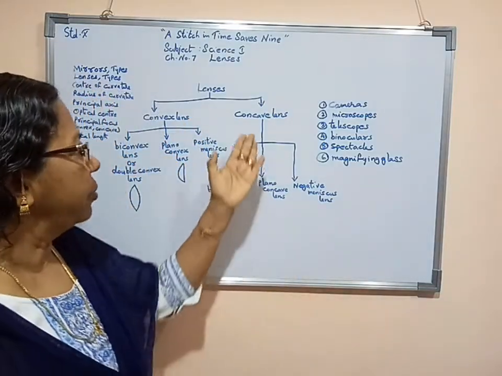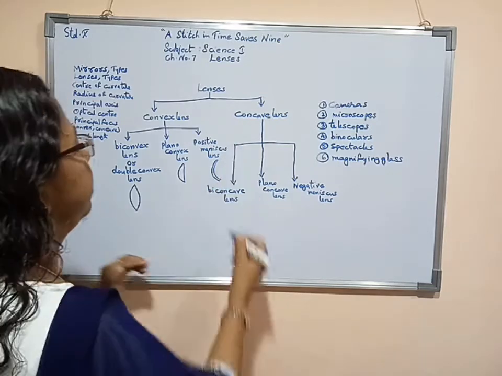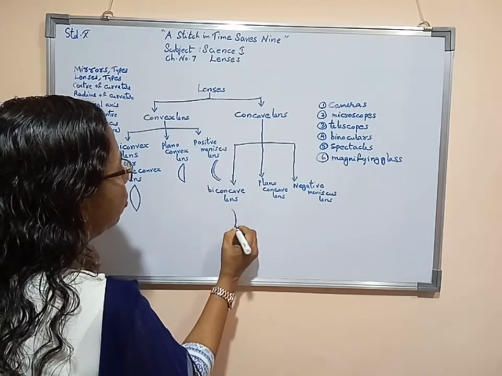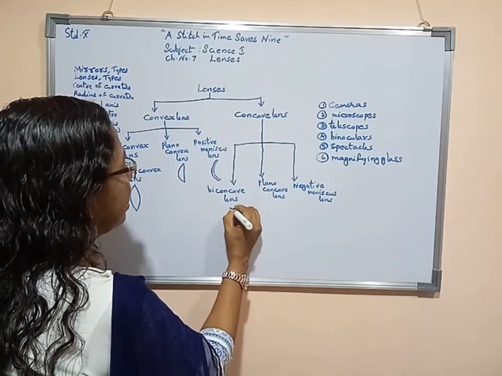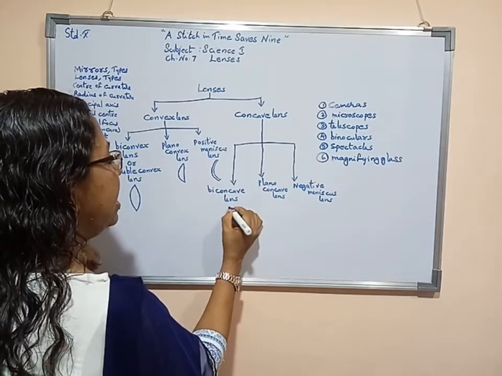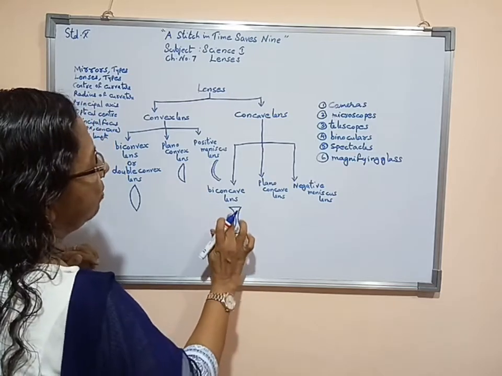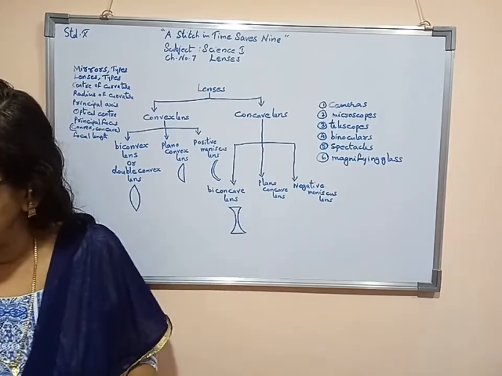Now we are studying concave lens. Concave lens itself is of three types. Biconcave lens. Biconcave lens means both the surfaces are pushed inward, we can say. So this is one concave surface, and this is the other concave surface.